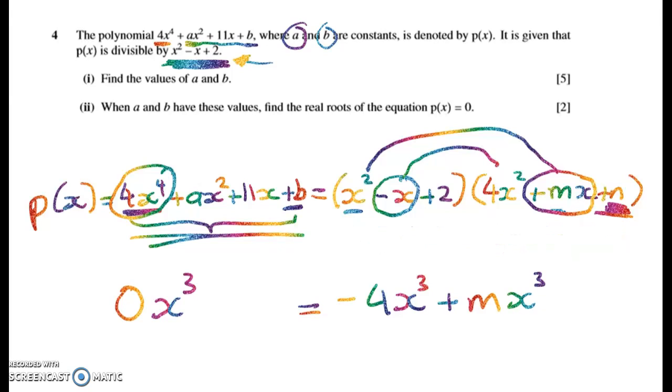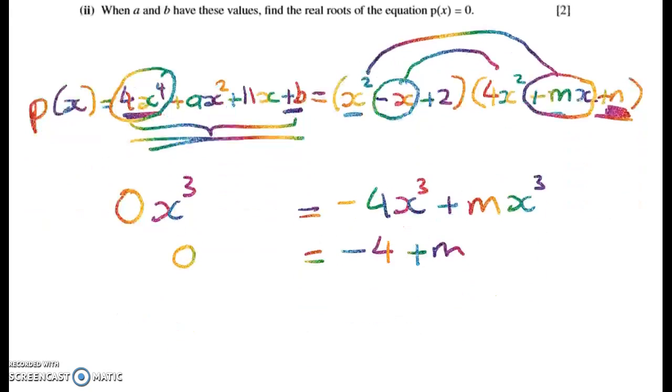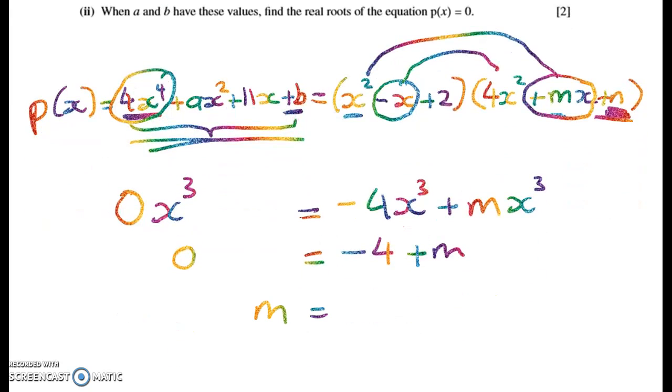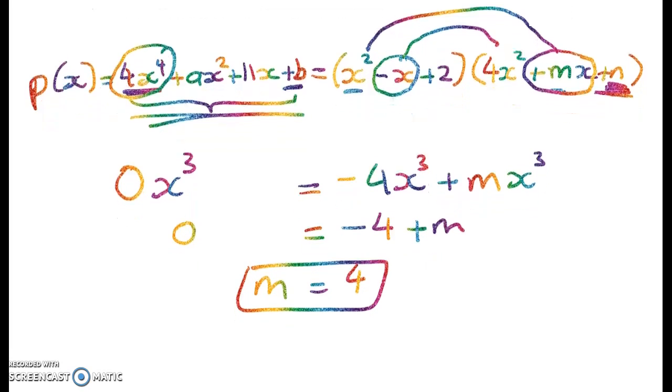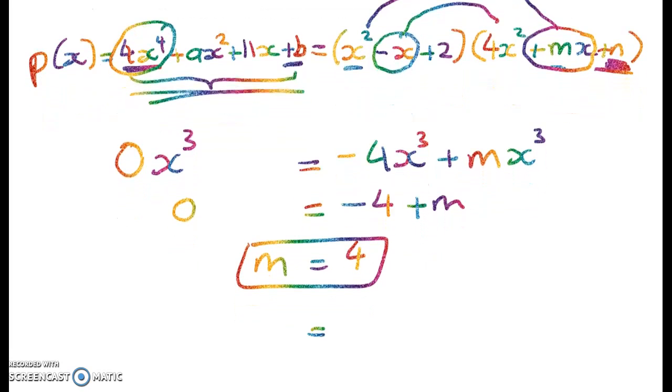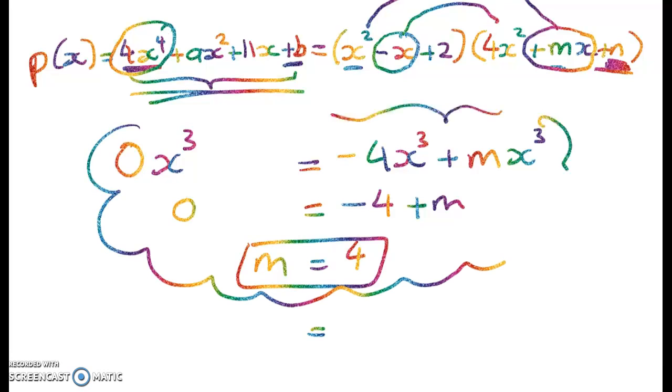Let's clean that up a bit. So that tells me that 0, looking just at the coefficients now, is equal to negative 4 plus m. So m is equal to 4. So we're going to chuck that in and we're going to keep on going. So maybe just put that into a bubble. That's not very clean, but it will work, right?